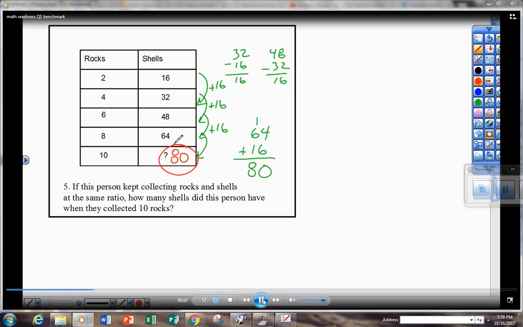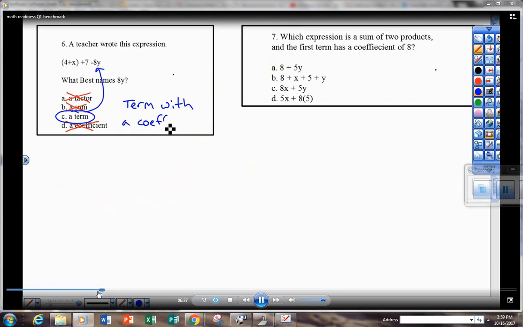Alright, here we go. Number 6. Problem 6, some math terms. Just remember that negative 8y is, excuse me, a term. That negative 8 in front is a coefficient.